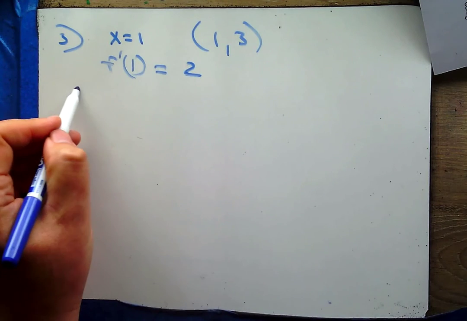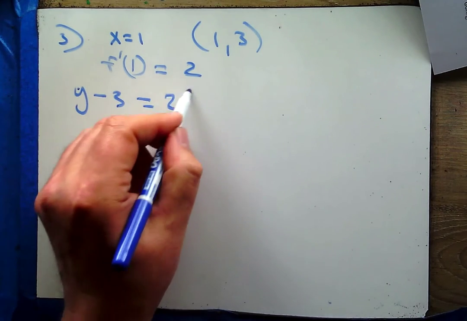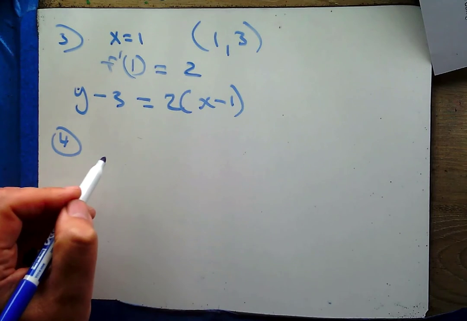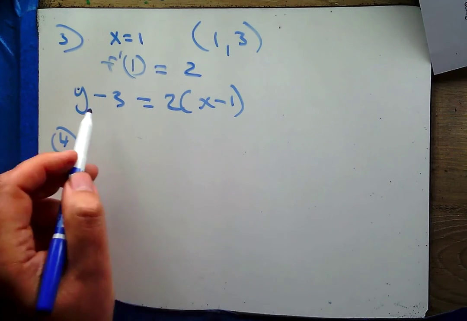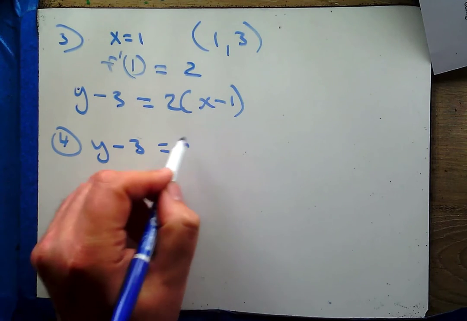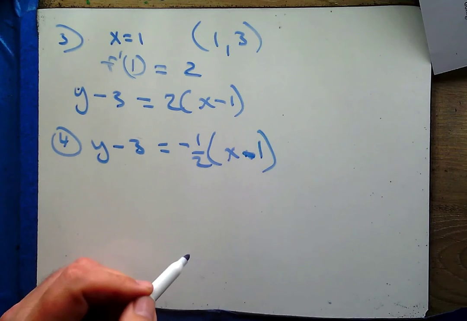So then my tangent line equation is going to be y minus 3 equals 2(x minus 1). Question 4, write the equation of the normal. Well, the only difference between the tangent and the normal is that I'm going to use the opposite reciprocal slope. The ordered pair stays the same.